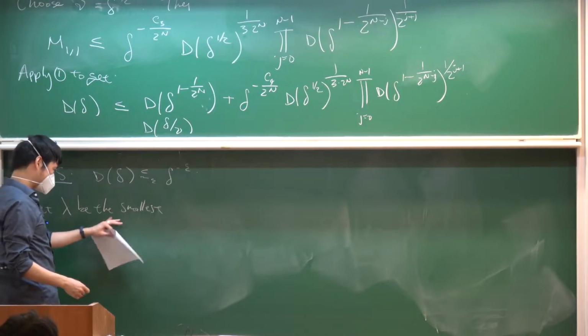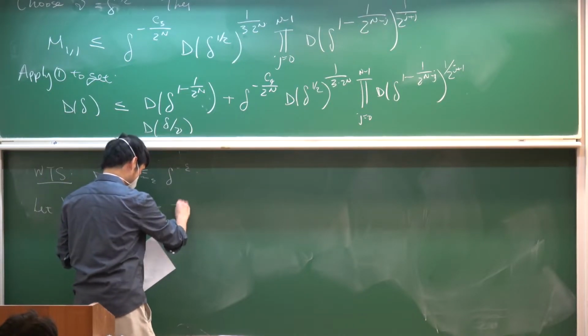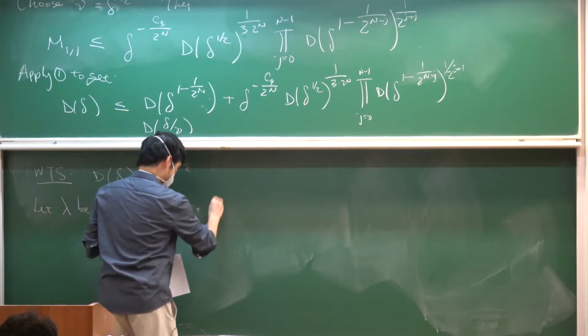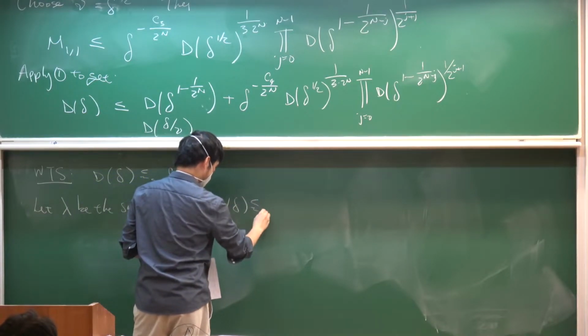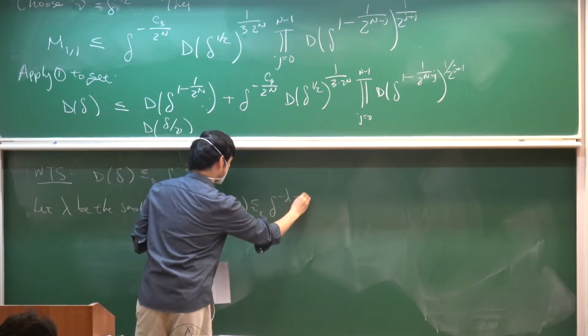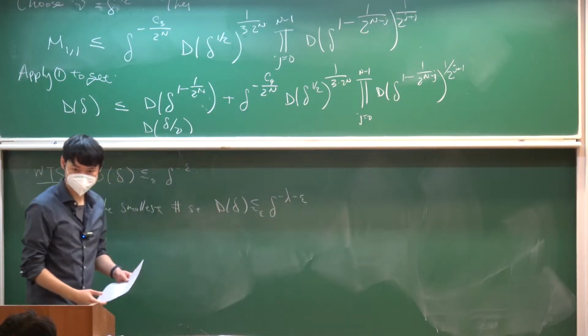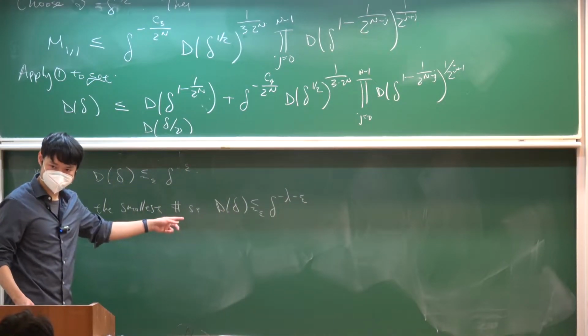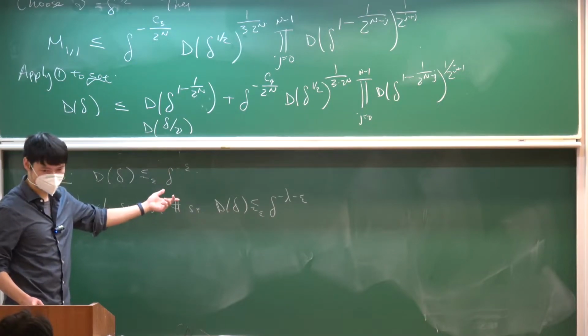I'm going to let lambda be the smallest number such that d of delta is bounded by delta to the minus lambda minus epsilon. This number exists since lambda is at most 1/2.